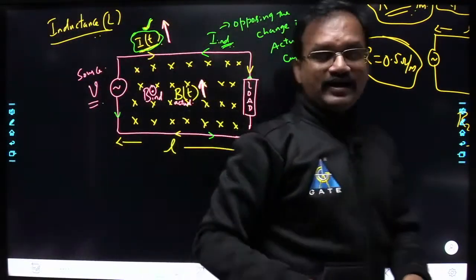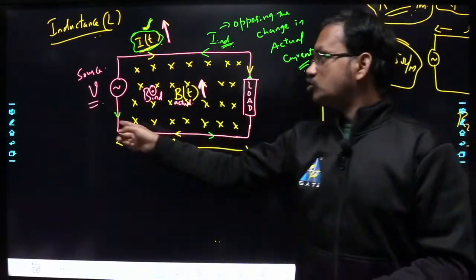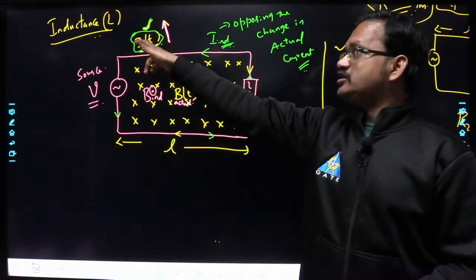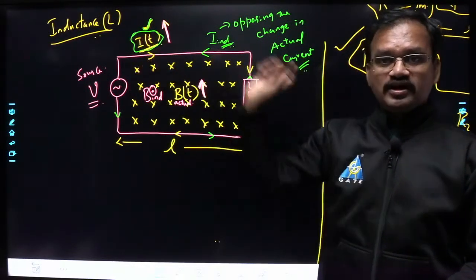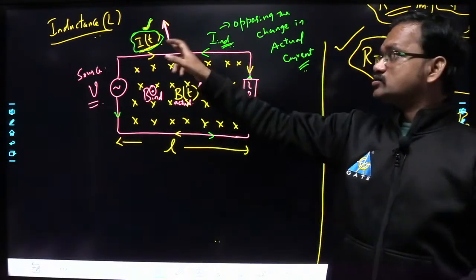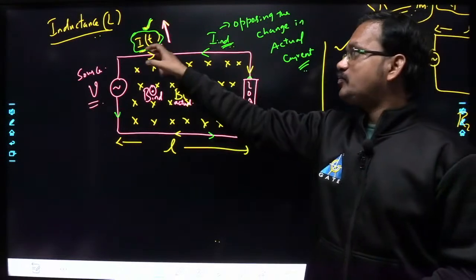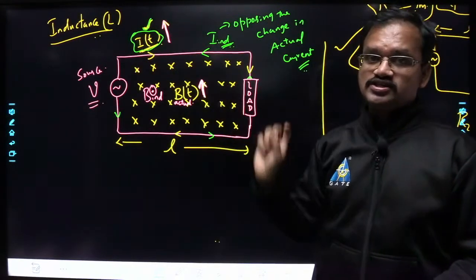So this total transmission line, this loop, is opposing the change in current. The loop produces the induced current, which is exactly opposite to this change in currents.